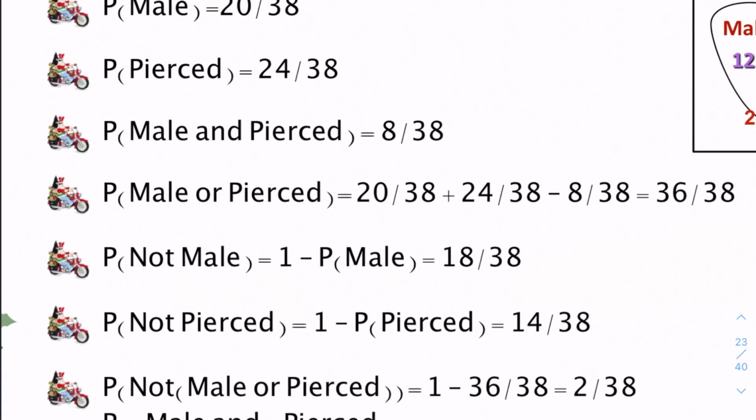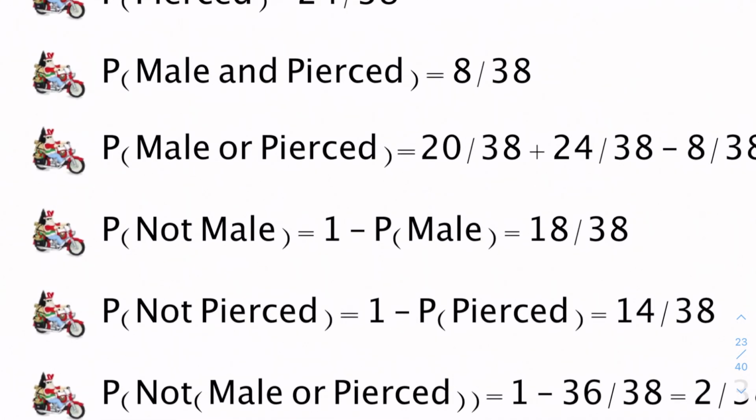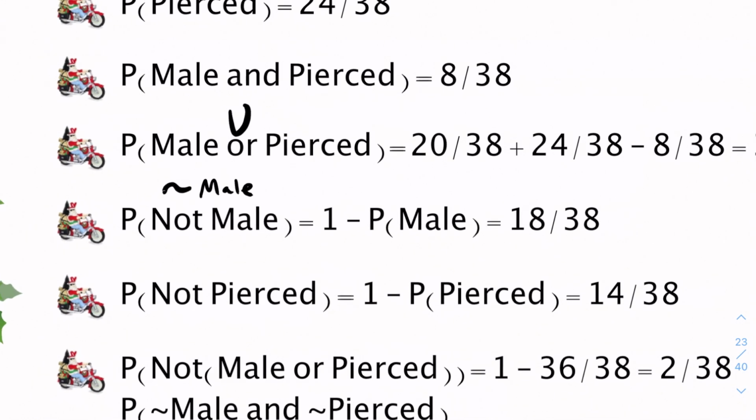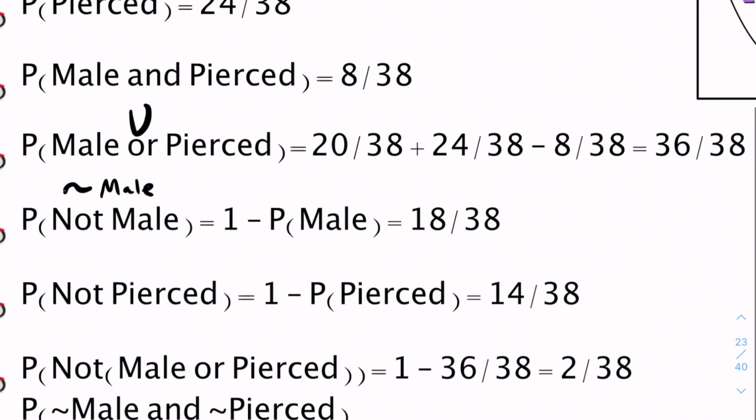Things I want you to start noticing is the probability of male or pierced. Not male, we use a little squiggly. That means not male, which is also on the previous slide. Not male or pierced means the probability of male and not pierced, which is 2 out of 38.